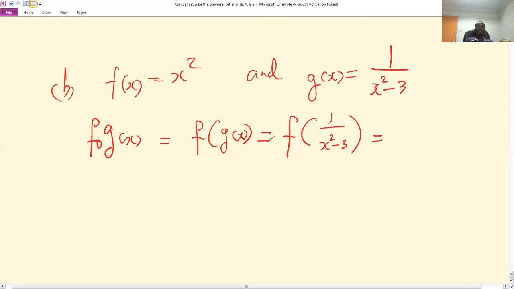So you give f an x, it squares it. So you give it this input, it will square the input.